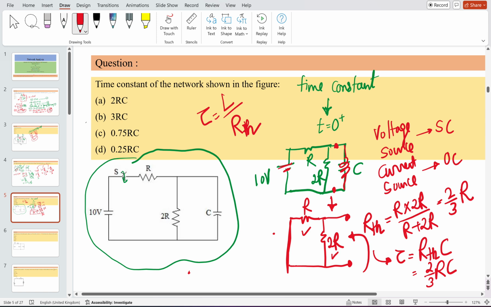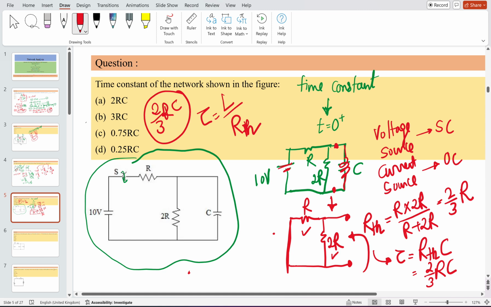If it is a C element, the time constant will be R equivalent multiplied by C. If it is an inductor, the time constant will be L divided by R Thevenin. Any doubt in this? This is the standard method to solve this problem for finding the time constant. So the answer will be 2 by 3 times RC.